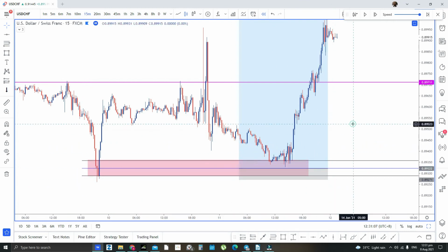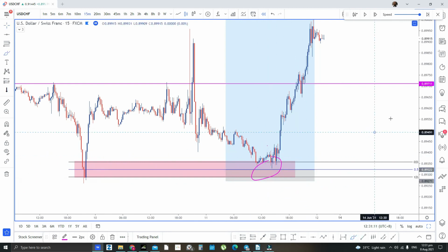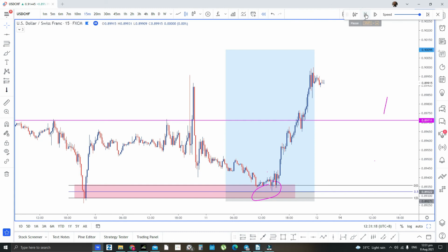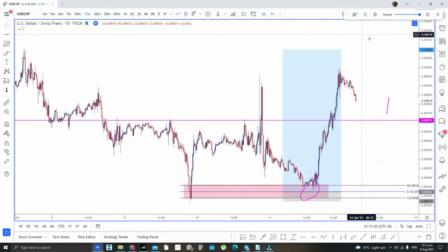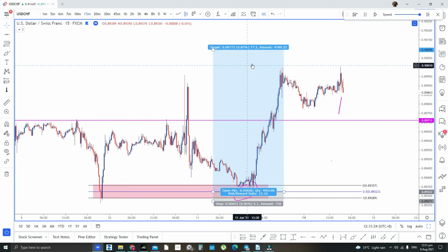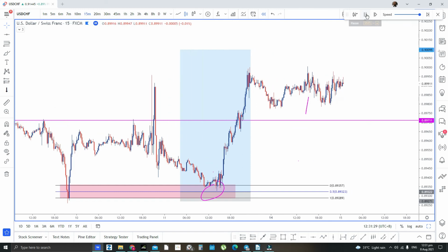Okay, so right there, it missed our entry by a hair. But as you can see, price already reacted from that zone and created your 1:15 risk to reward ratio. Almost.